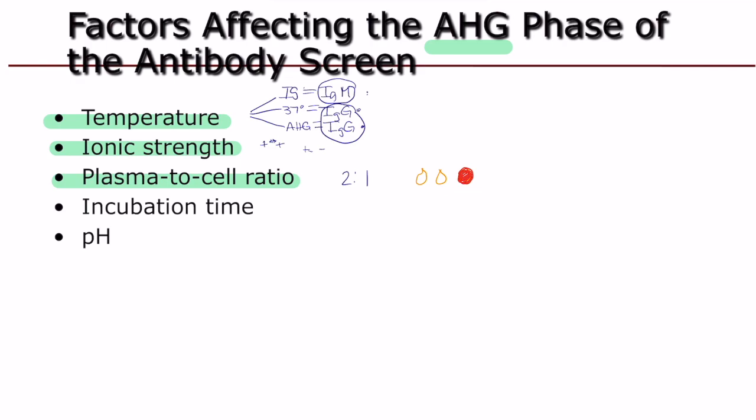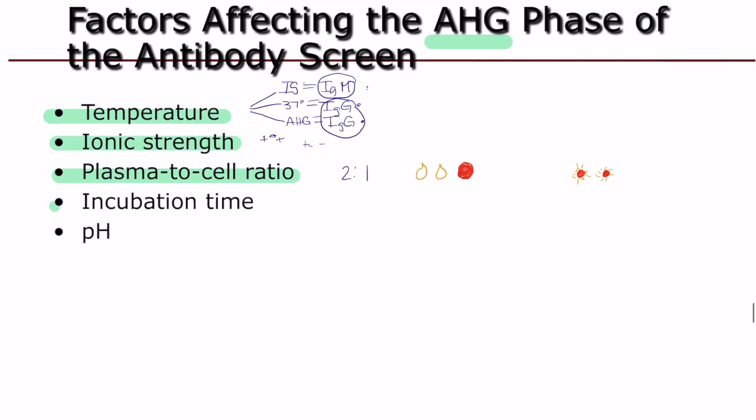Because if we have an excess of either, what happens is if we have too few cells, and then our antibodies just cover it all up, and then we never get any agglutination. If we have too many cells, then we don't have enough antibodies. Again, it's both ways.